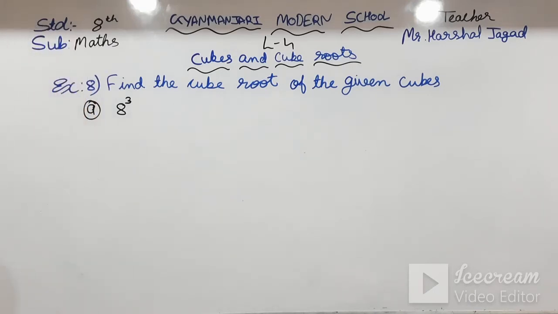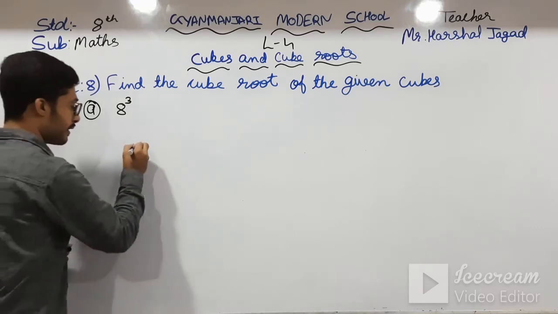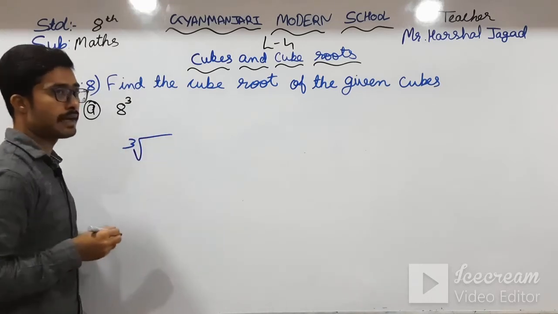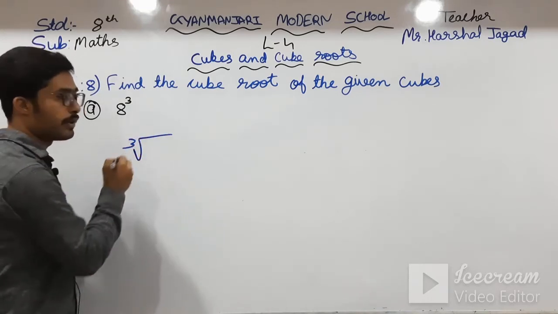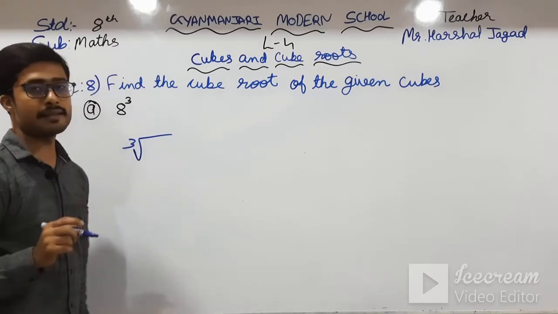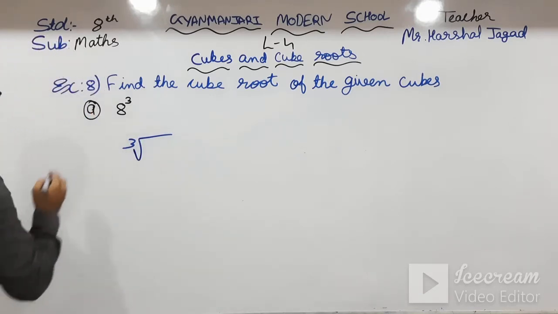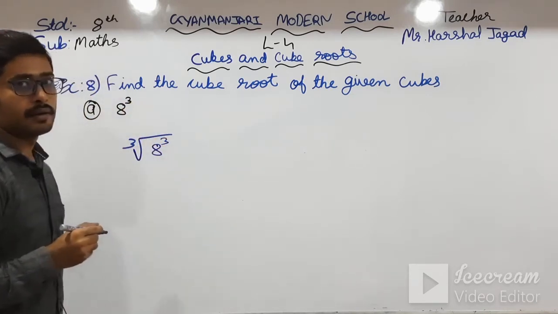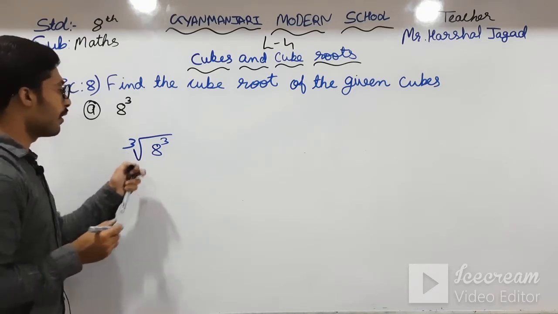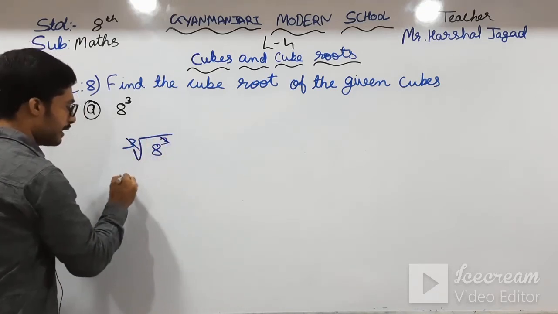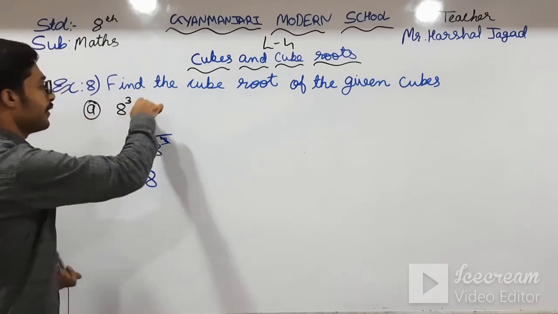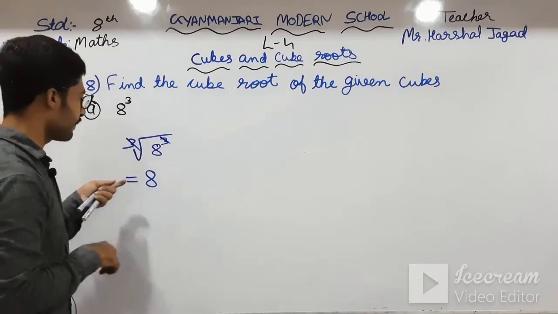The cube root is denoted like this: in square root we just make a bracket, and in cube root we add a 3 over it, so we can know that it is a cube root. So if I write the cube root of 8 cube, the 3 and the cube get cancelled, then the answer is 8. So the cube root of 8 cube is 8.